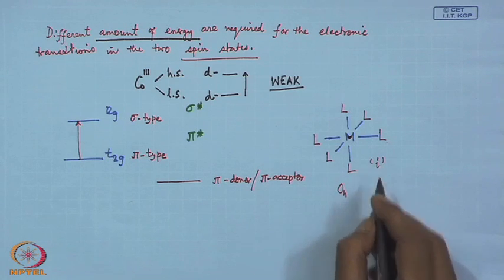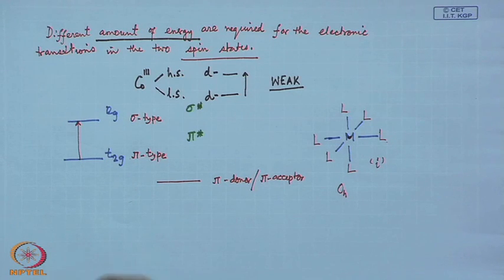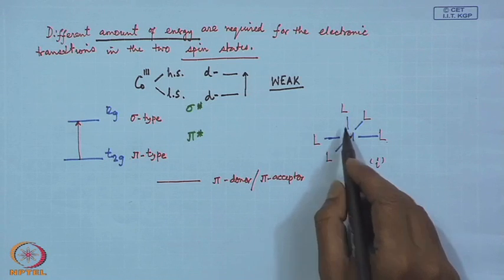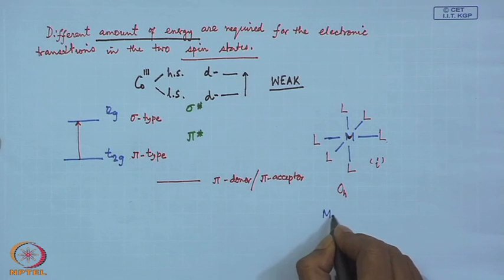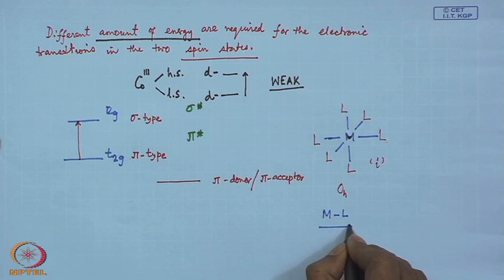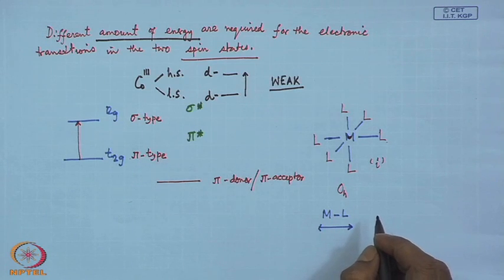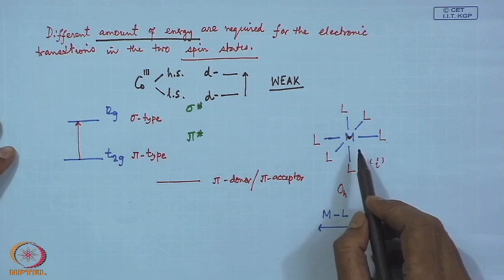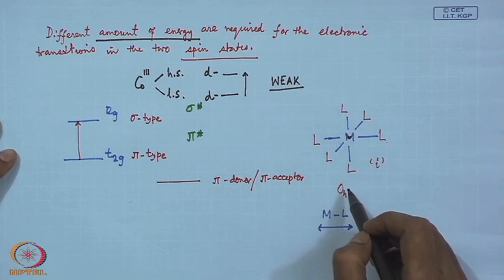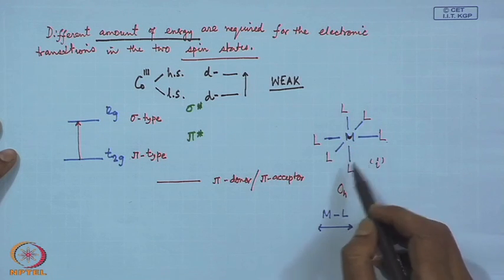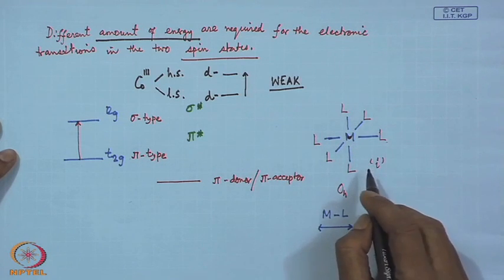Now, since all the time this coordinate covalent bond between the metal and ligand is under thermal vibration, the metal-ligand bonds are compressed and stretched depending upon the vibration. Once you have an unsymmetrical vibration, that means this bond is getting longer and this bond is getting compressed, the inversion symmetry is lost.